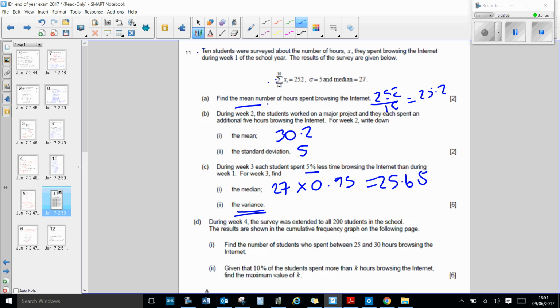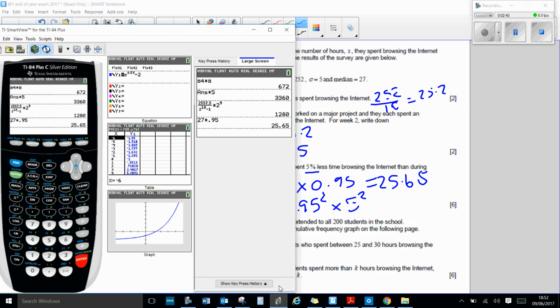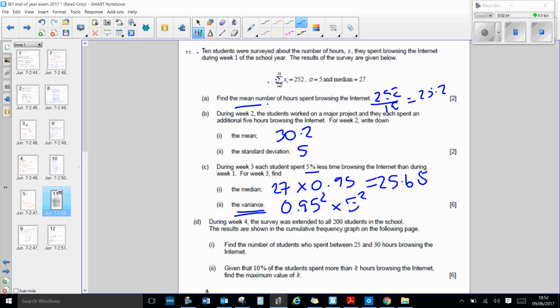We're spending 5% less time, so it's going to be 0.95 squared multiplied by the standard deviation squared, which gives us 22.5625.